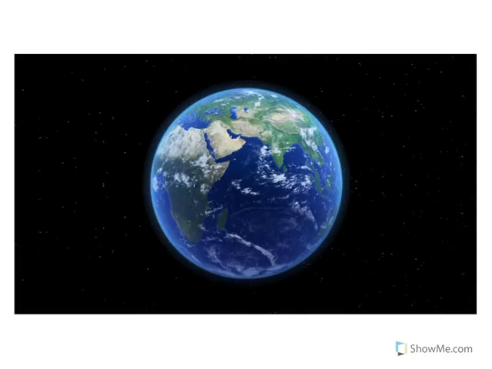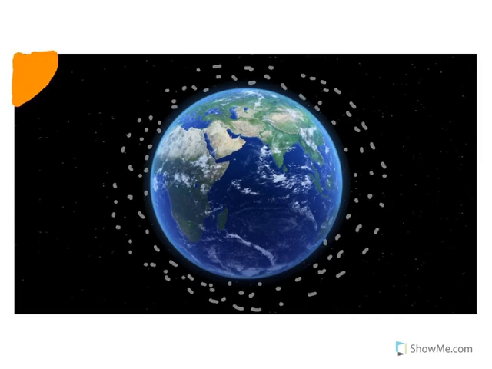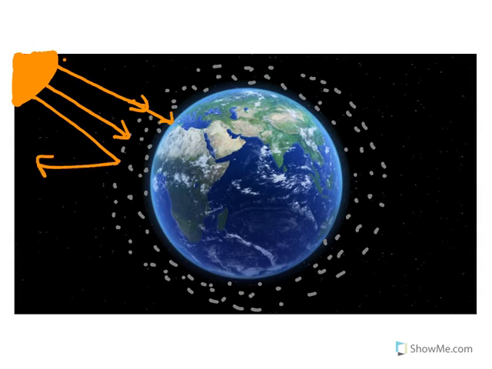So here's the earth, and then we have this atmosphere right round the earth. During the day, when the sun's rays come down, not all the sun's rays can reach the earth. A part of them reach, and a large amount of the sun's rays are reflected back. So this keeps the earth not very hot.